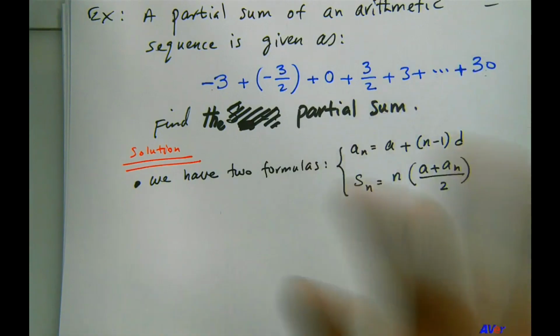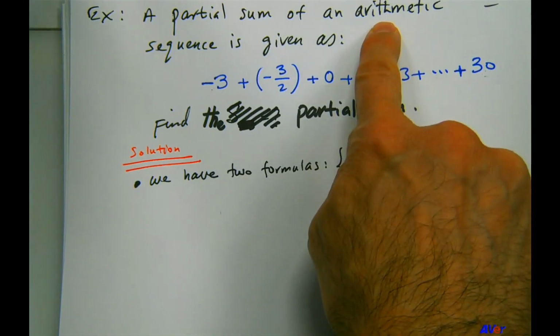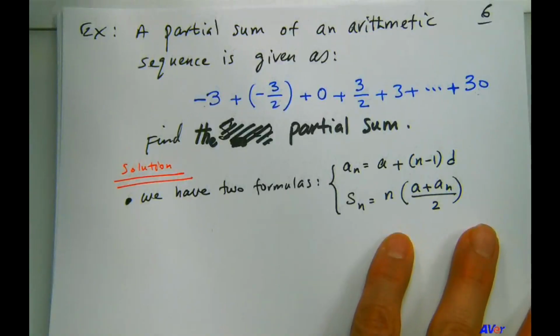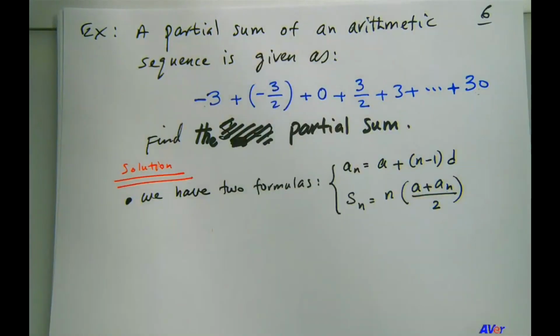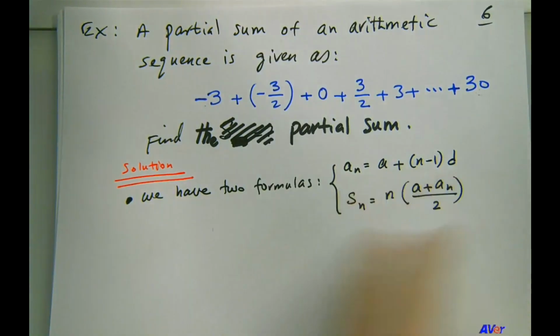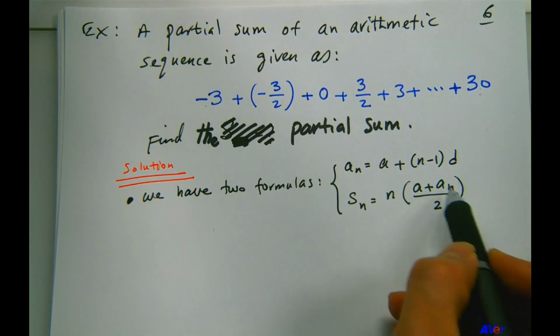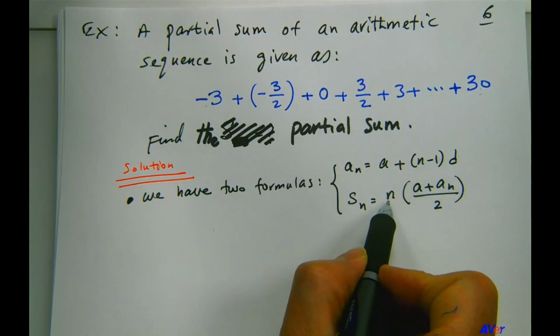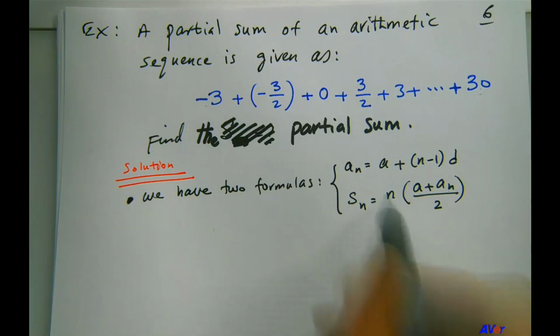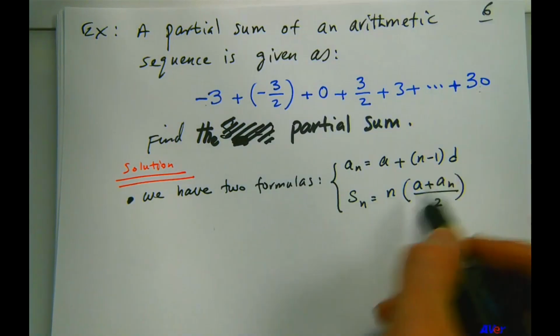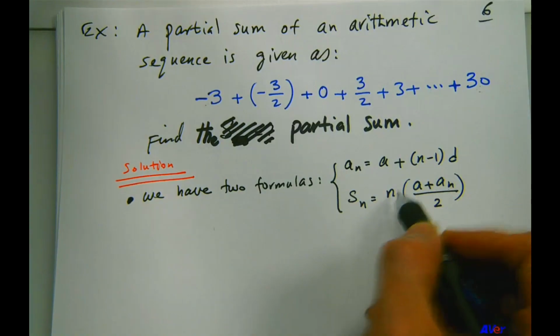But the good information that we have is that we're dealing with an arithmetic sequence. Arithmetic sequence here, okay? That's important. So our objective, before we apply this partial sum formula, is to figure out what that n is. We need to figure out how many numbers we're adding. That's the digit that we're missing.